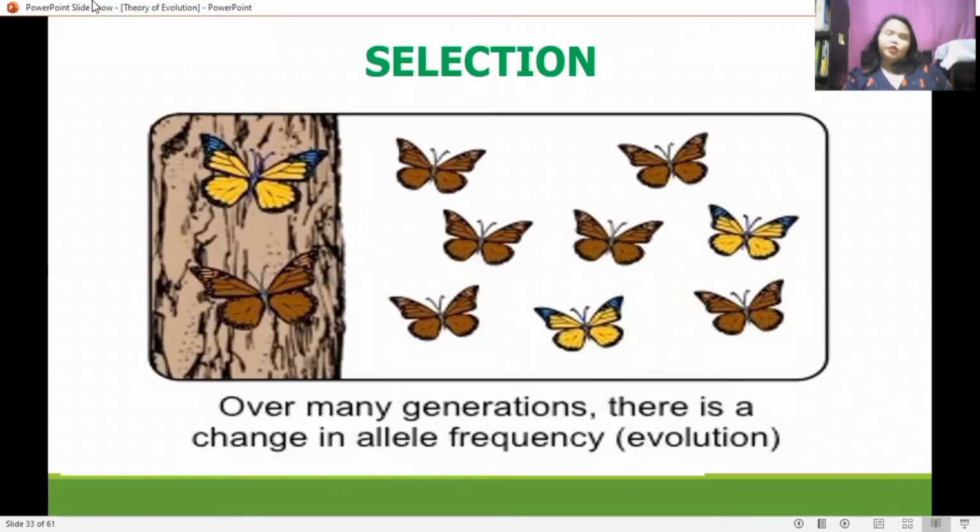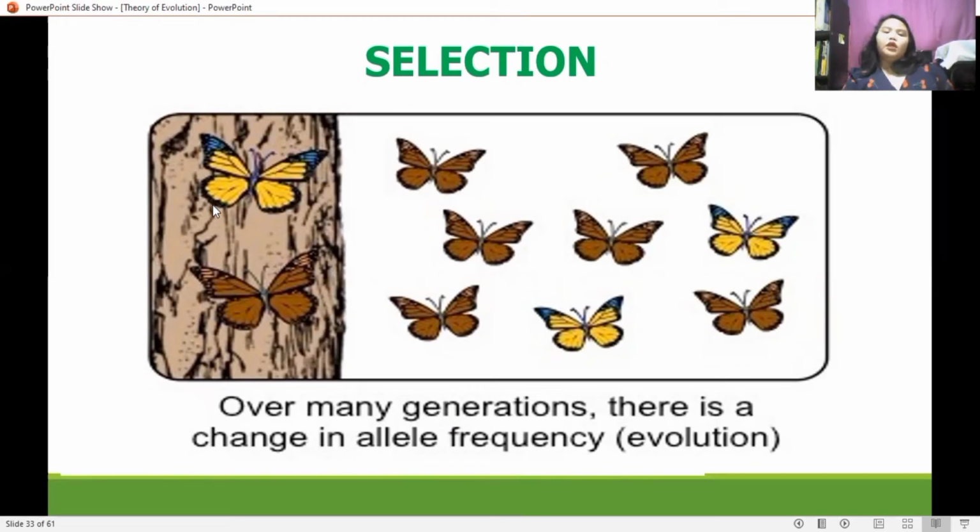Then next is the selection. I have here, over many generations, a change in allele frequency or trait frequency, which is the evolution. So we have here an environment of brown bark, and then we have two variations of butterfly, rather. We have the yellow ones and the brown ones. Of course, if you have insect-eating birds or let us say a frog, they can easily spot the yellow ones.